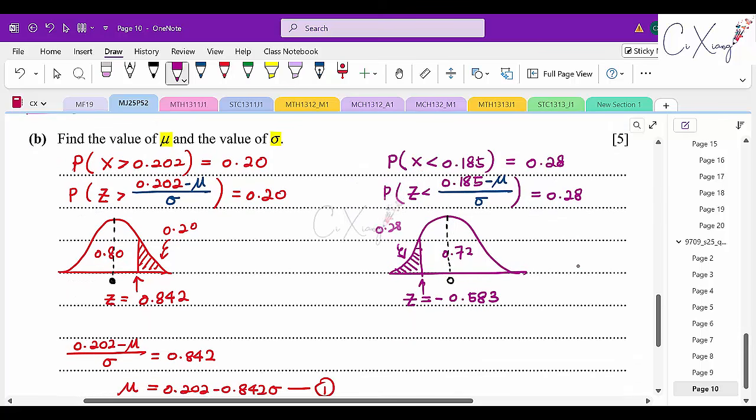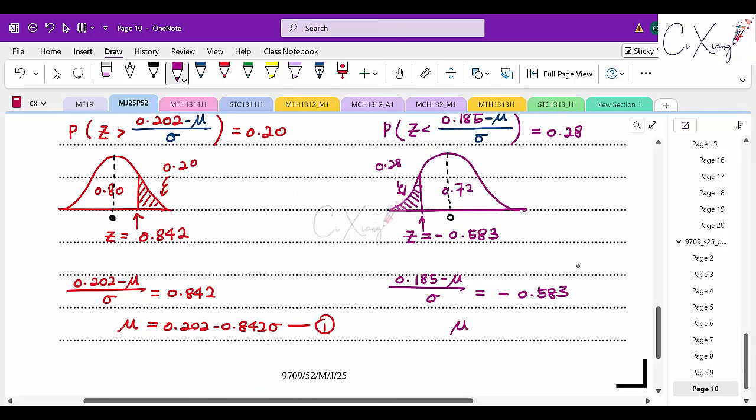Therefore, I compare it by using the value that I get. So, 0.185 minus mu divided by the standard deviation is equal to negative 0.583. And from here, you will basically get the second equation.